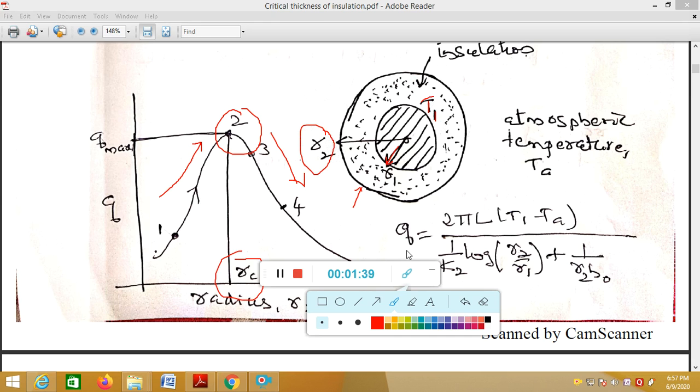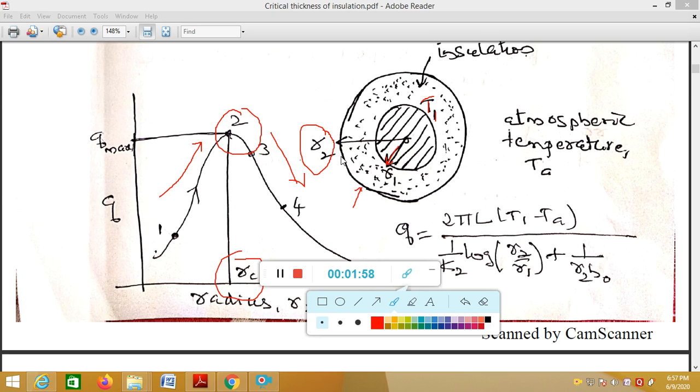So the heat loss from the insulated wire is given by Q equal to 2 pi L (T1 minus Ta) divided by [1 by K2 log R2 by R1 plus 1 by R2 H naught]. So we will now study the effect of adding insulating material on the heat loss.